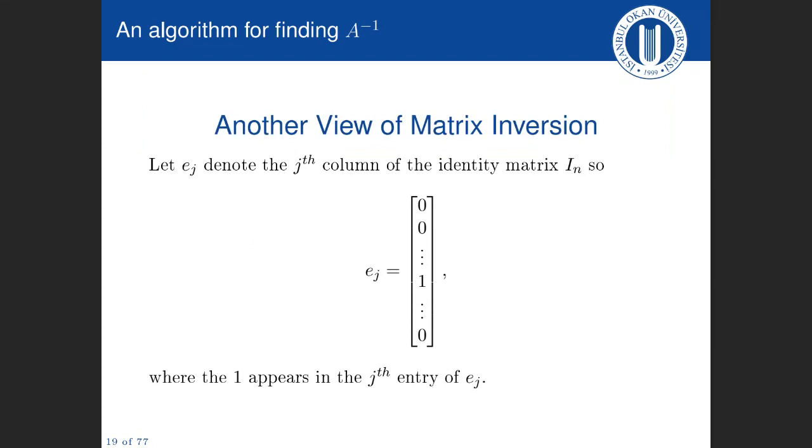Now, let's suppose that e_j denotes the jth column of the identity matrix, I_n. So e_j is the vector 0, 0, 0, 1, where 1 is in the jth entry, and then 0, 0, 0, 0.